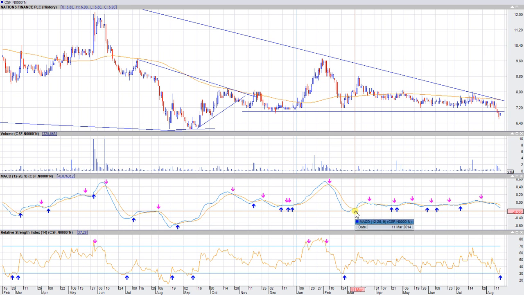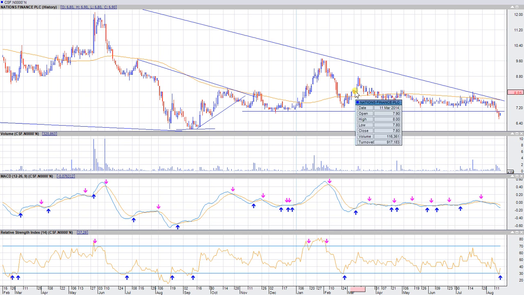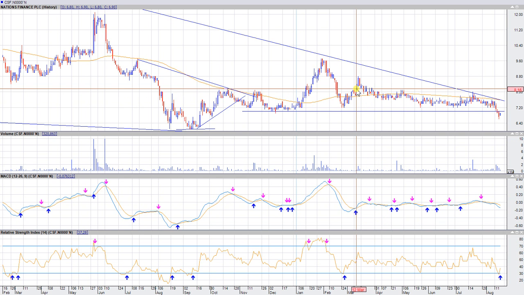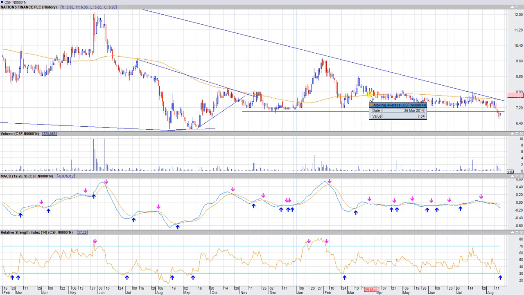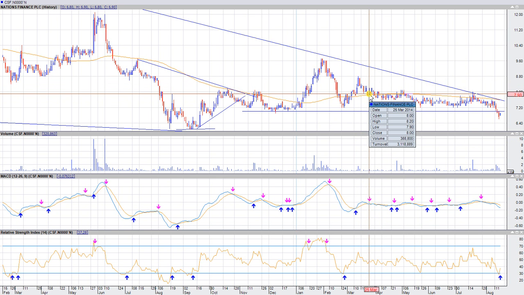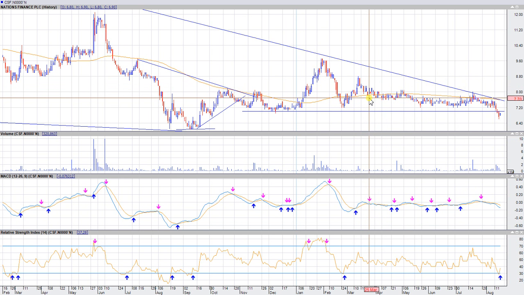Look at this. MACD gave a buy signal around 820 and it started reversing, and look at this, started giving a sell signal. It's confusing, right? So this is why I'm saying these indicators are lagging indicators.